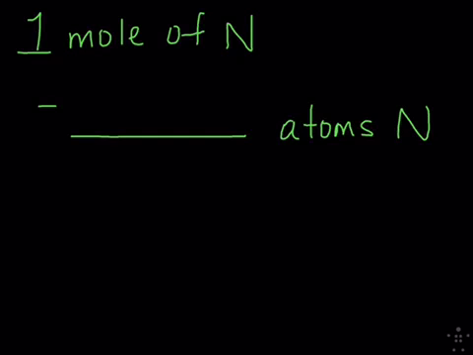If I know that I have 1 mole of nitrogen, how many atoms of nitrogen must I have? 6.02 times 10 to the 23rd. Because it's just like I asked you for a dozen. I told you I have a mole. This is how many a mole is. So there you go. If I have 1 mole of nitrogen, that's how many atoms I have.